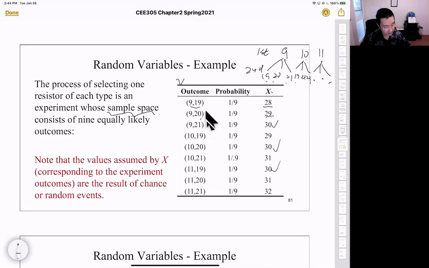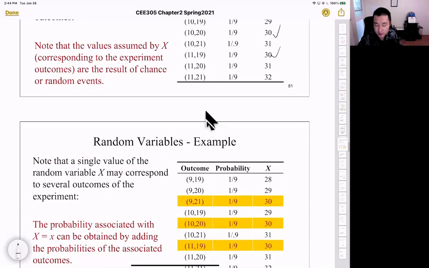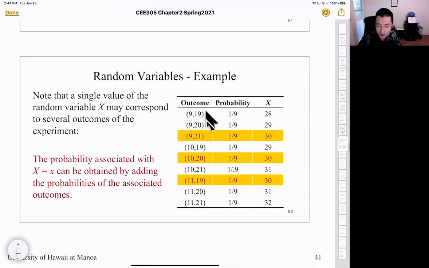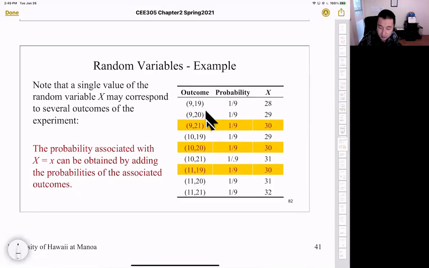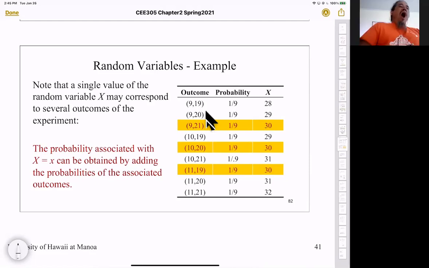Then we add the probability for each total ohms together. For example, for 30, it's going to be 1 over 9 plus 1 over 9 plus 1 over 9. For 28, it only occurs once, so that is 1 over 9, and so on.